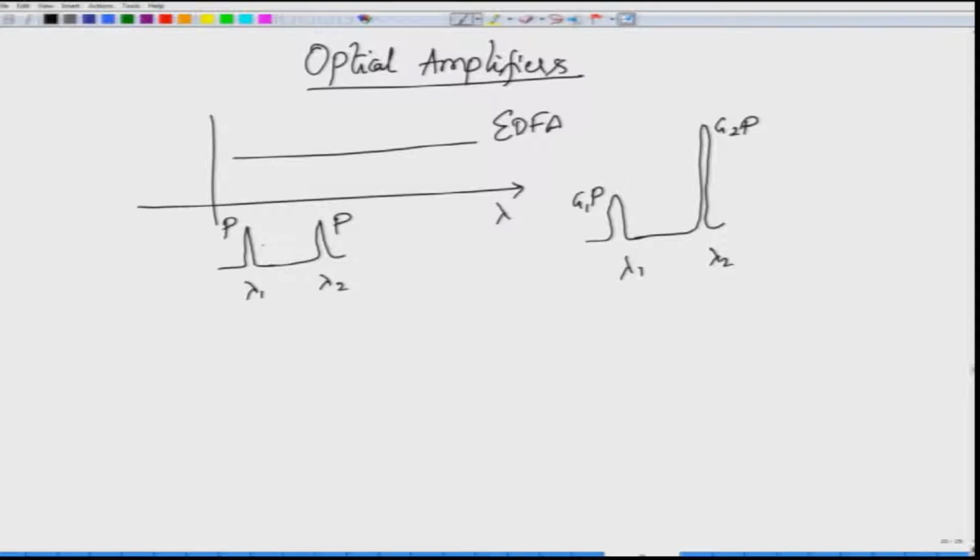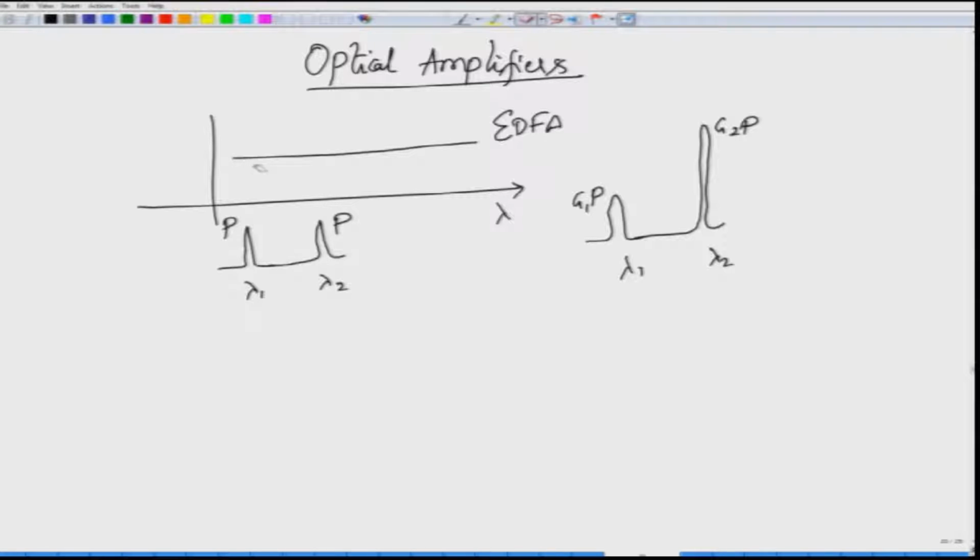So notice that although at the input side both lambda 1 and lambda 2 had equal powers, the output powers are not really equal. So you really want a flat gain so that these large fluctuations in the wavelength powers are avoided.